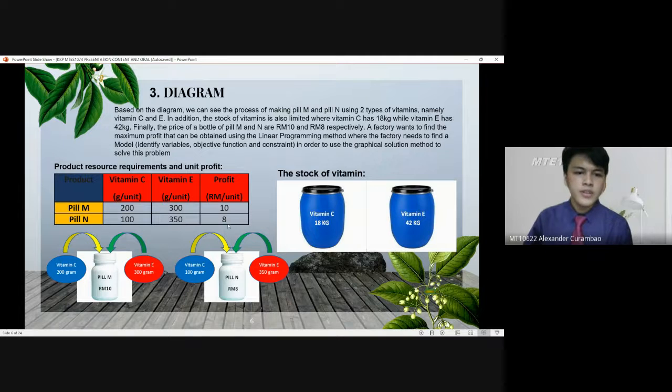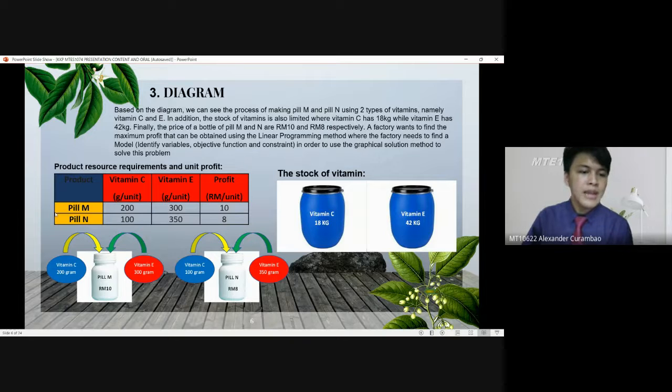Okay, the first diagram, as we can see, is the table. The product is pill M. Pill M requires 200 grams per unit of vitamin C and 300 grams per unit of vitamin E. After we produce one bottle of pill M and the factory sells it, they will get a profit of 10 ringgit for each bottle.